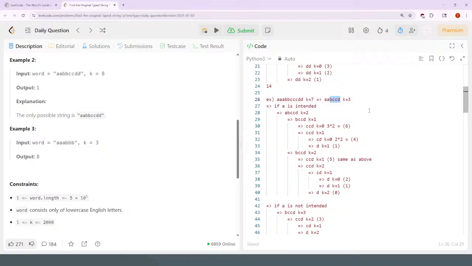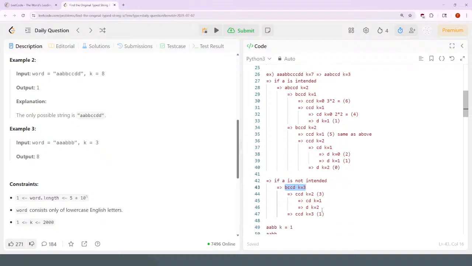So that's k equals 2, that's k equals 1, that's k equals 3. So would I just increment 1 to each of those? 1, 1, 1.